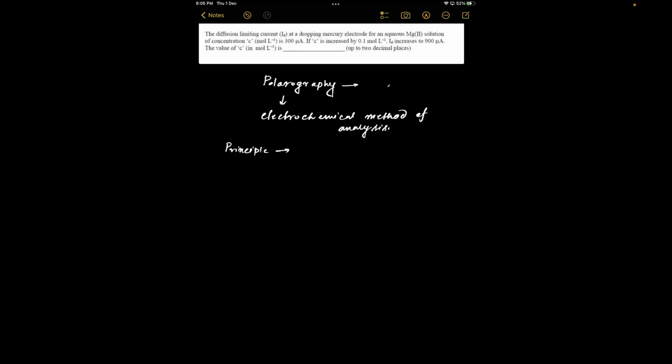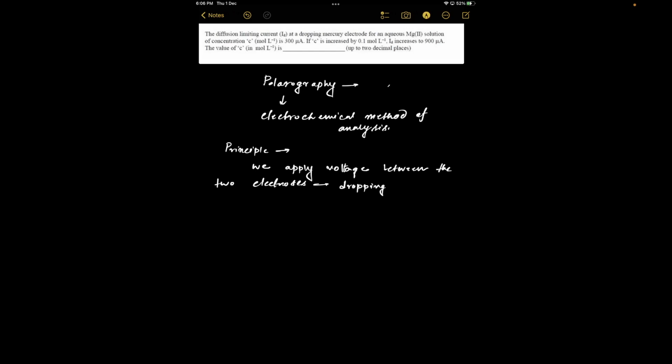So the main principle is that we apply voltage between the two electrodes, one of which is the working electrode, which we call the dropping mercury electrode.